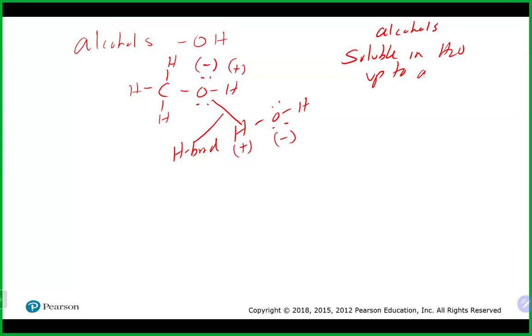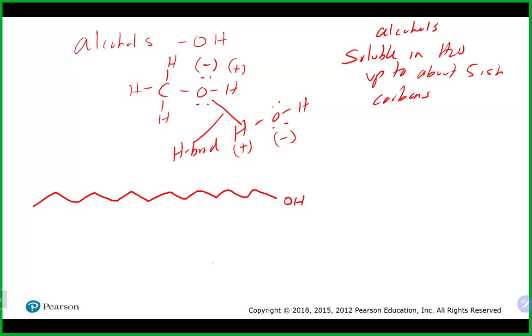Up to about 5-ish carbons. So solubility does start to kind of drop off when you have a bigger amount of non-polar. So instead of this guy, if we had kind of like the one we had previously, let's draw a line structure, just like an OH, right?